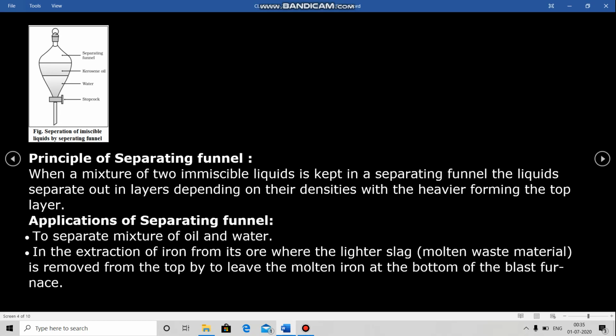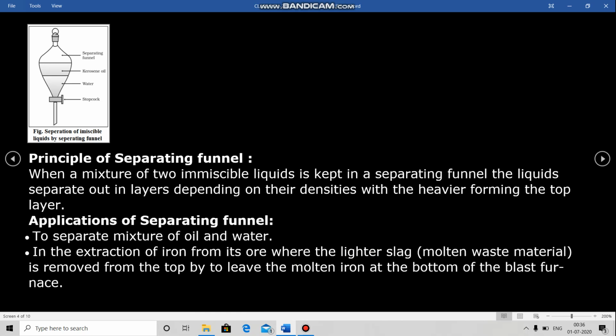Okay, so what is the principle of the separating funnel? When a mixture of two immiscible liquids is kept in a separating funnel, the liquids separate out in layers depending on their densities, with the heavier forming the bottom layer. Okay, what are the applications of the separating funnel? My dear students, the first application is to separate a mixture of oil and water.